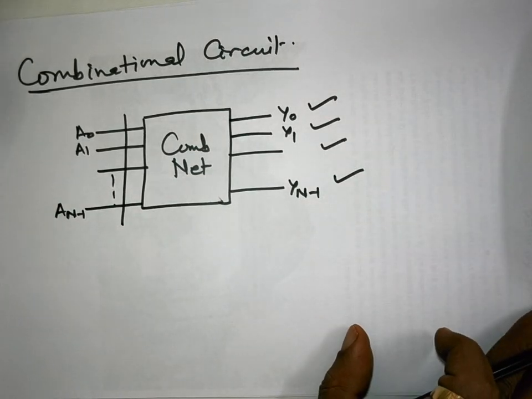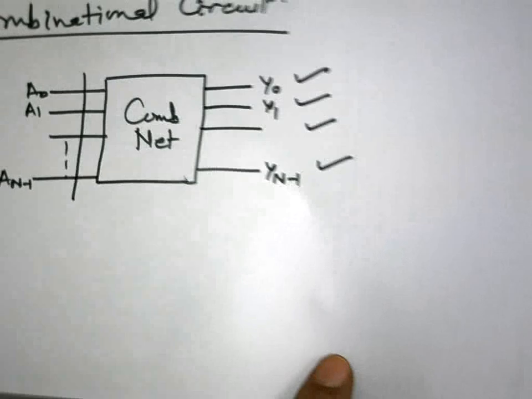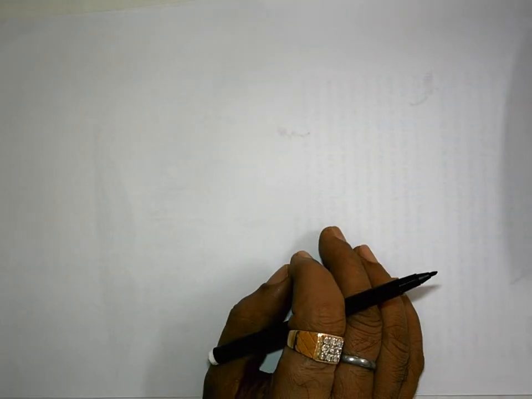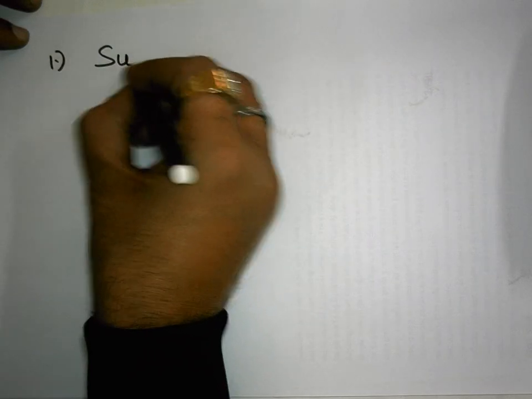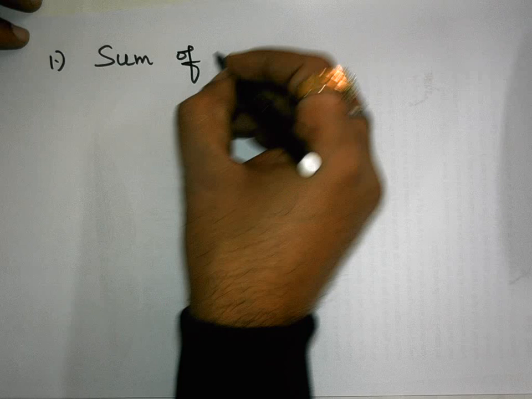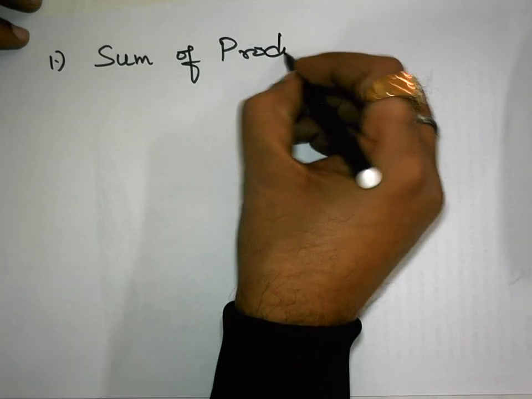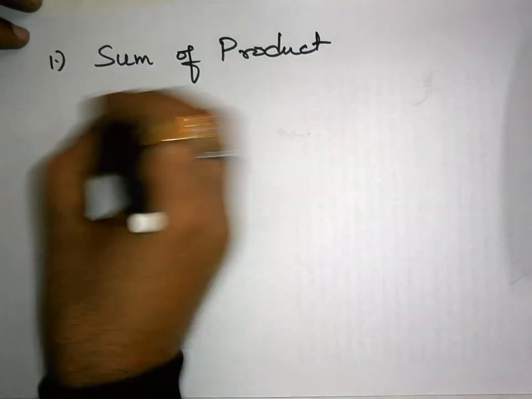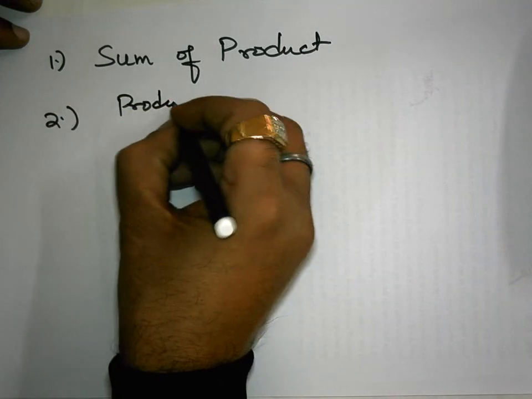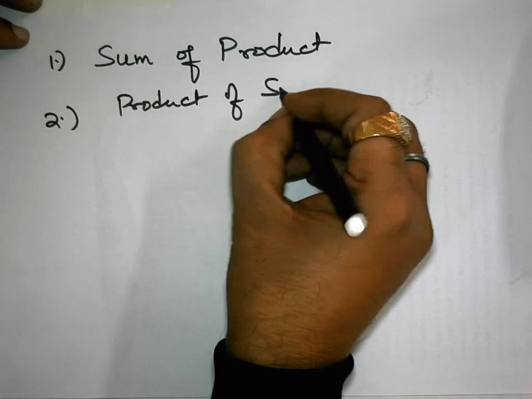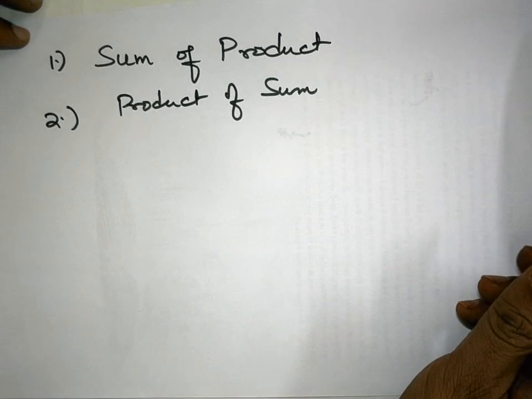So let us see these kinds of circuits in two very simple forms. The very first one is called sum of product realization of the circuit, and the second is called product of sum realization of the circuit.